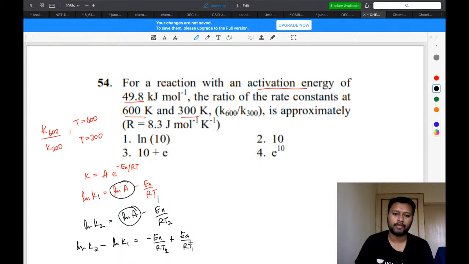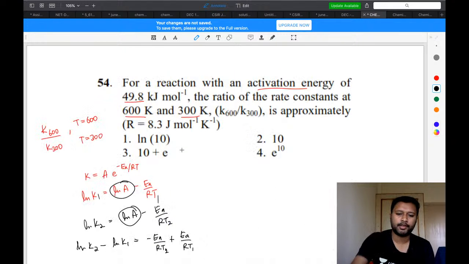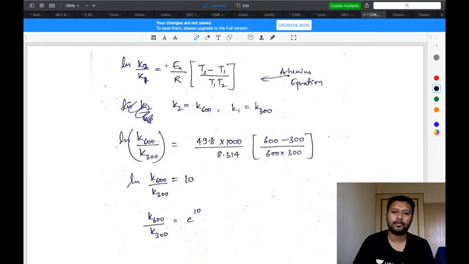Log A minus log B can be written as log A upon B, so that is written as K2 upon K1. EA upon R is taken common, and in the bracket it will remain as 1 upon T2 minus 1 upon T1. If you solve that, you will get T2 minus T1 upon T1 T2. This is from the Arrhenius equation which we have just derived.